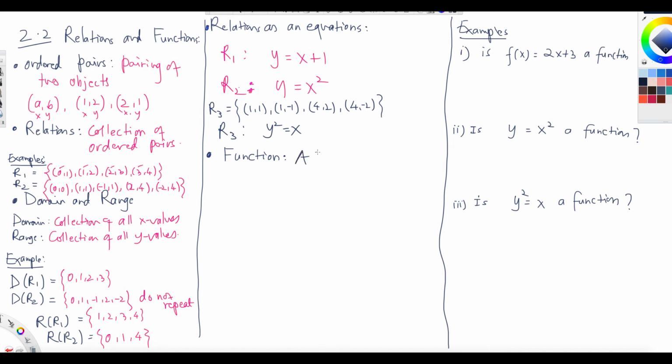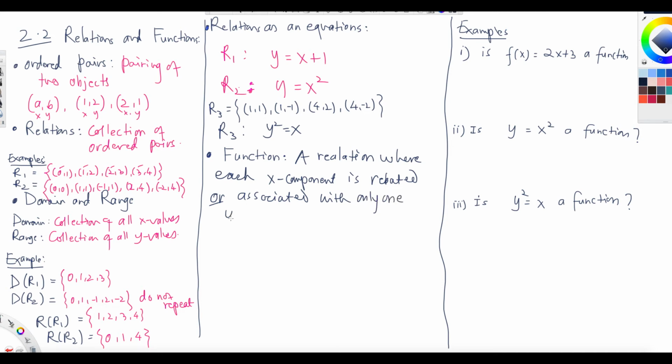A function is a relation where each x component is associated, or related, with only one y component. Meaning that each x has only one y.